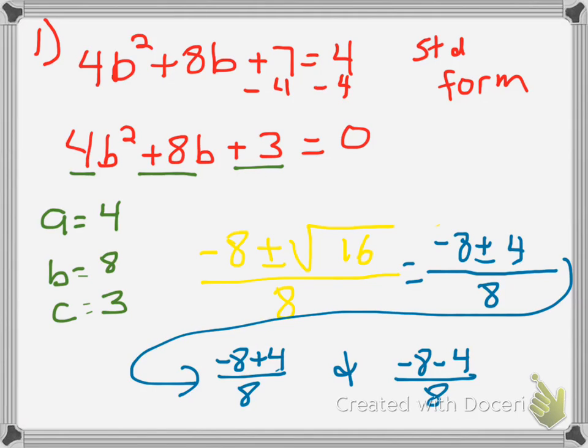Negative 8 plus 4, that is negative 4 over 8. Well, that reduces down to negative 1/2. And then over here, it should be an equal sign. That's negative 12 over 8. If I reduce that down, that'd be negative 1 1/2. And that's your answer.